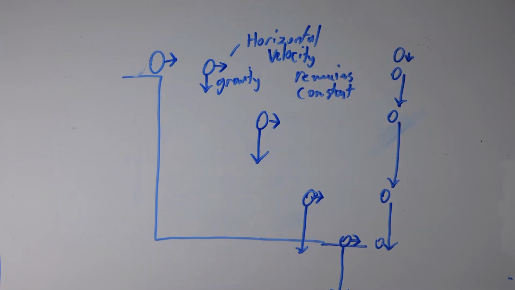If air resistance is removed and you launched an object horizontally and dropped an object at the same height, they would fall at the same time.